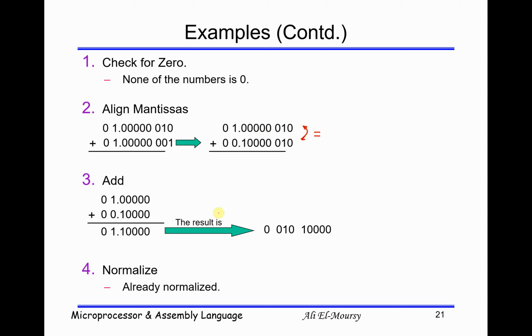The result does not need any normalization, so I can take the number as it is. Store the number back into the floating point, take this as your fractional mantissa, discard the 1 again. The exponent does not need any adjustment, so it is 0, 1, and this is the sign bit. The number is already normalized.